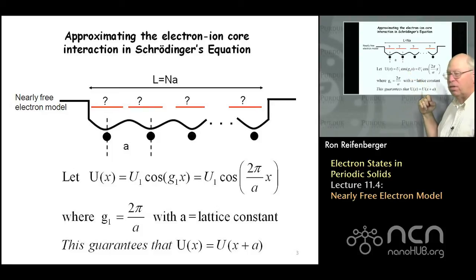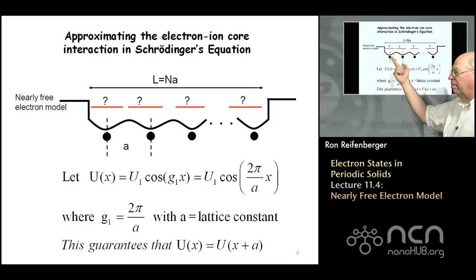G1 is our reciprocal lattice vector, and this just means that the electrostatic potential energy in a nearly free electron model is modeled as a cosine of 2 pi over a times x, where again G1 is our reciprocal lattice vector. Now, this model for U of x guarantees that the electrostatic potential energy is periodic under displacements by the lattice constant a of the metal.